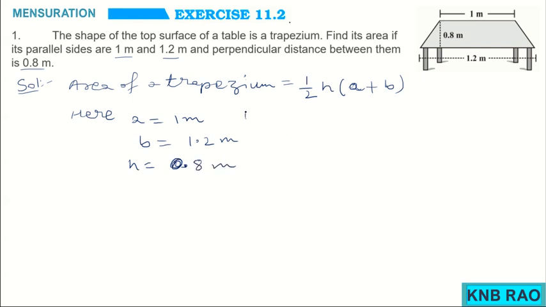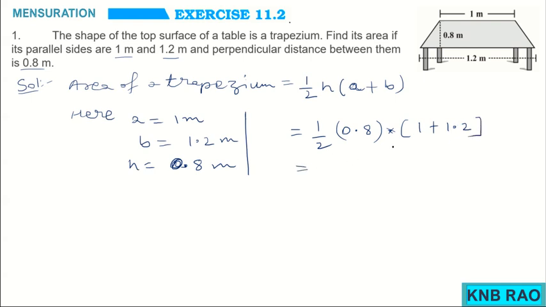Therefore, on substitution, we get half into 0.8 into the sum of 1 and 1.2.